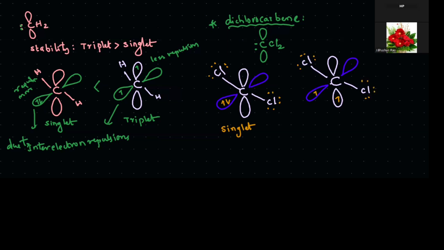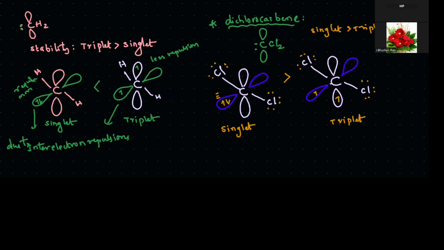That is very, very important. Here, singlet is more stable than triplet. Very, very important: in the above case it was triplet, but here singlet is more stable than the triplet dichlorocarbene. So what is the reason? In the singlet, one chlorine only repels with this.